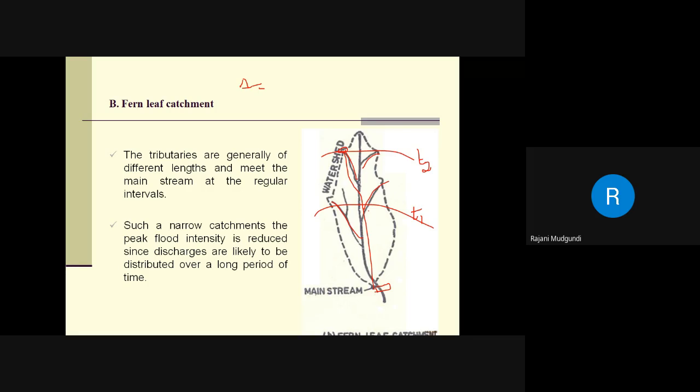For one batch, the nearer tributaries will drain out very easily and quickly to the stream, whereas the farthest or other tributaries will require more time to join the outlet. Therefore, the peak flood will be divided over a long period of time, and the peak intensity of flood will get reduced.